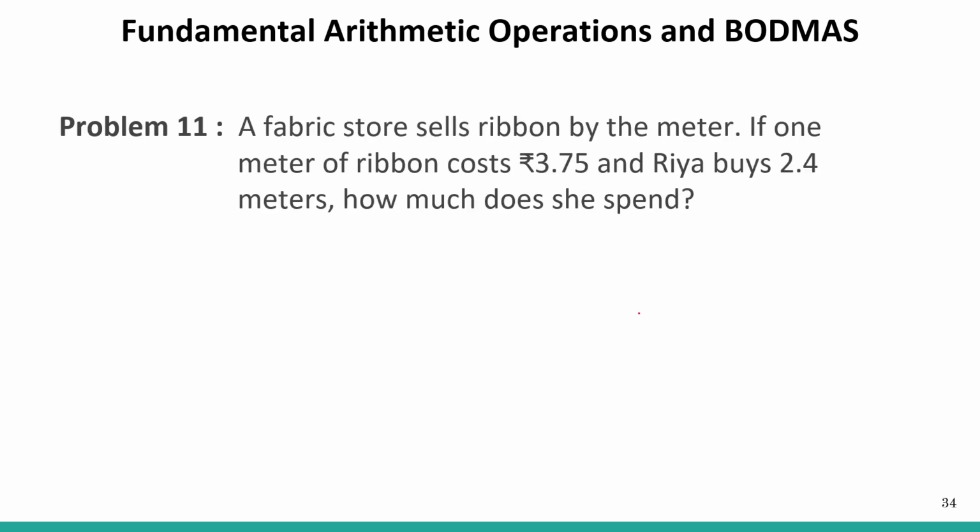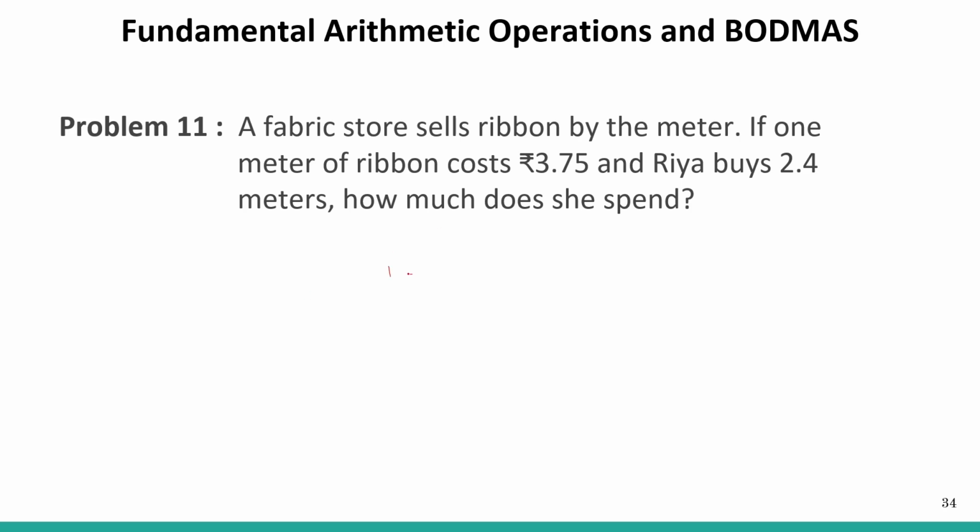Question number 11. A fabric store sells ribbon by the meter. If 1 meter of ribbon costs 3.75 and Ria buys 2.4 meters, how much does she spend? So a fabric store sells ribbons, and it sells by the meter.